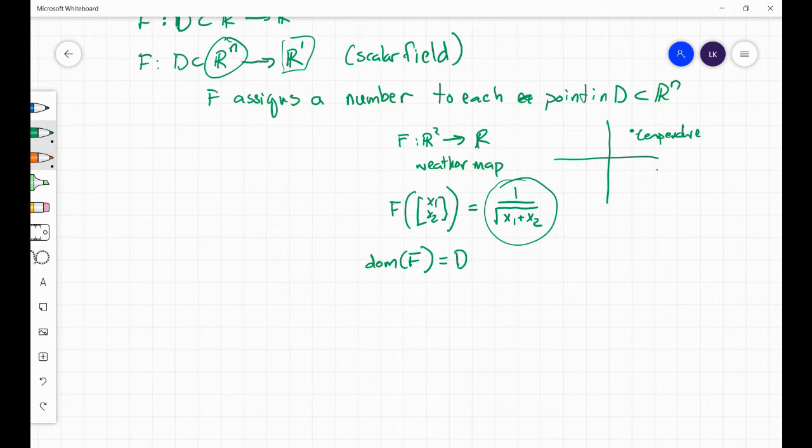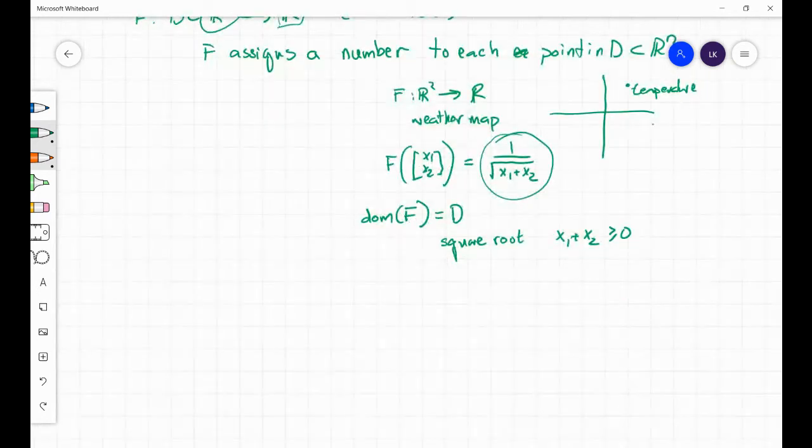Yes, so two considerations. The square root: we're dealing with real numbers, so whatever you're taking the square root of has to be at least 0. But of course, that square root is also in the denominator, so we have to have that x1 plus x2 is not equal to 0.